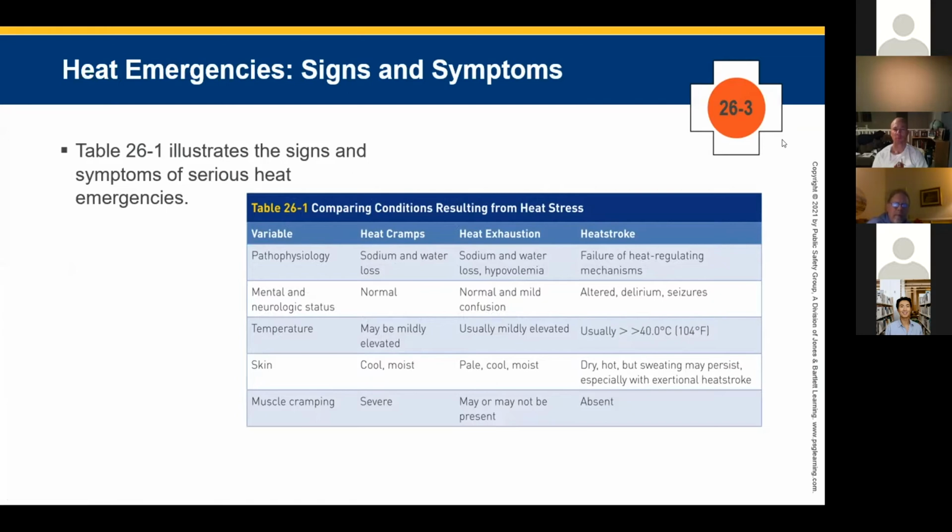Are you there? Yeah. Okay, tell us about heat cramps. Just cramping of muscles due to extreme heat, or usually due to dehydration, fluid loss. Mm-hmm. What else?